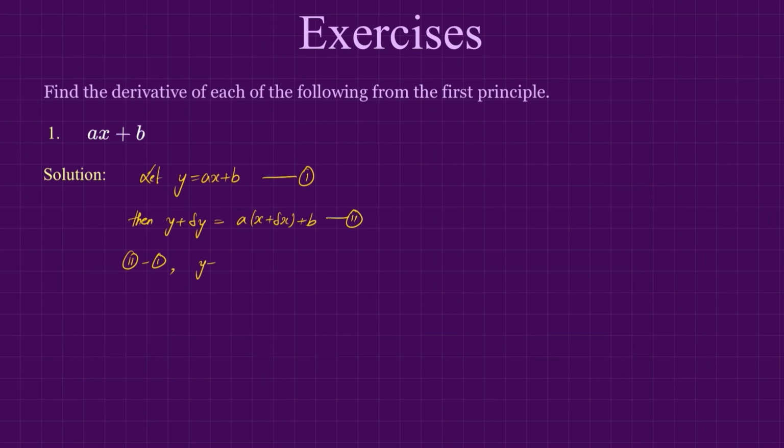Then we will have y plus delta y minus y equals to a of x plus delta x plus b minus ax minus b.